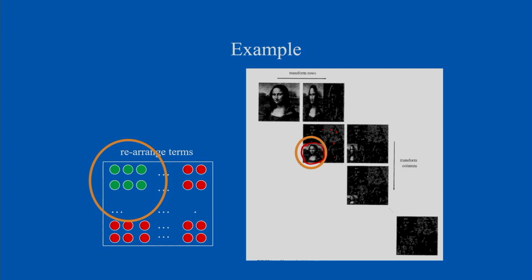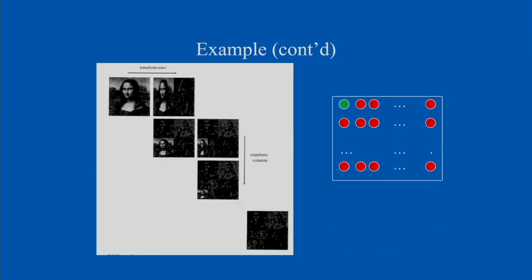After this, considering the green quadrant, I am doing the decomposition. If I do the decomposition, I will be getting this one, and you can see I have this low frequency information available here, and the rest of the portion corresponds to the high frequency information. So this is the concept of the non-standard decomposition.